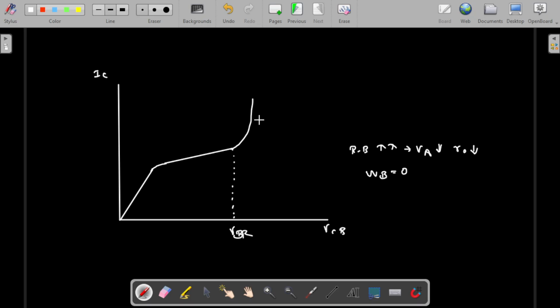Let us discuss how the breakdowns are calculated and how they contribute. Let me take another scenario here, with VCE instead of VCB, so let me replicate this diagram.